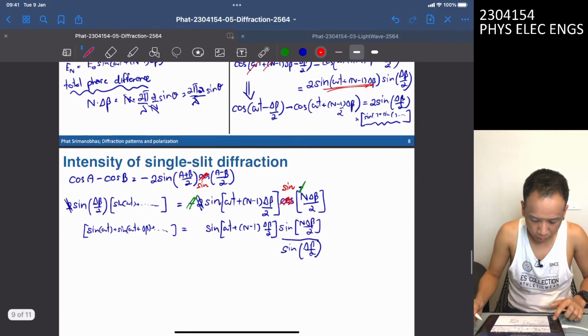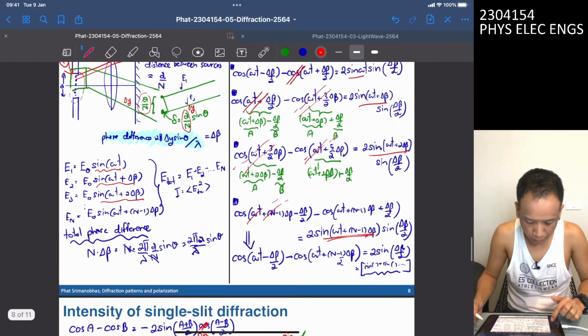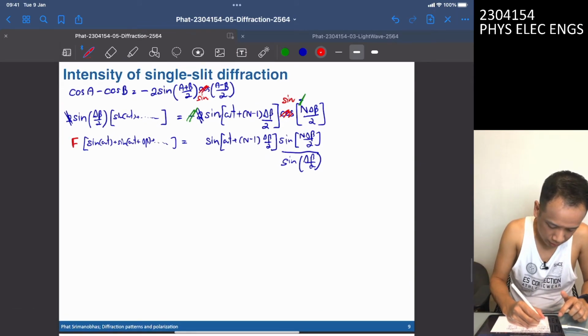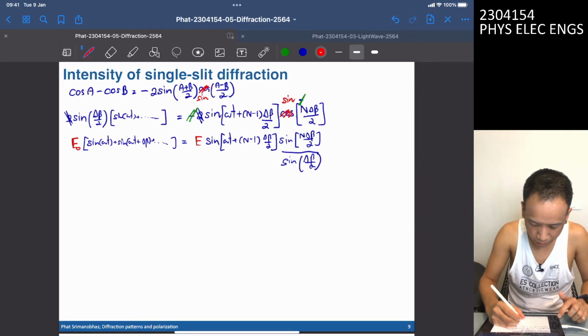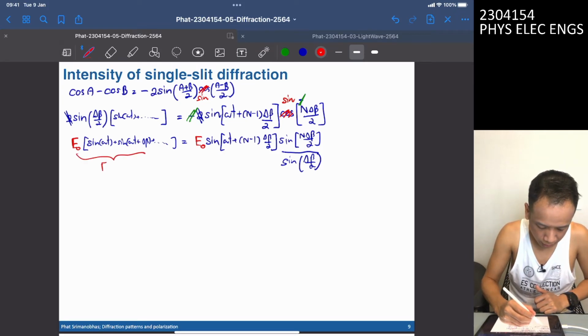Then you want the amplitude of the electric field, so you multiply by E0. That's easy, you can put E0 here. Now you have it. This is the E total.